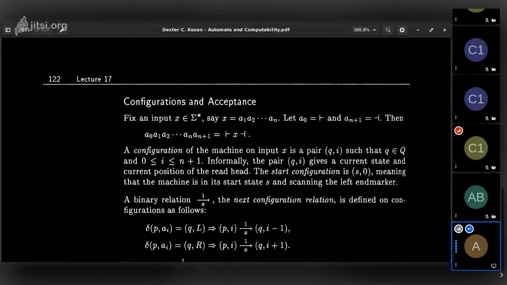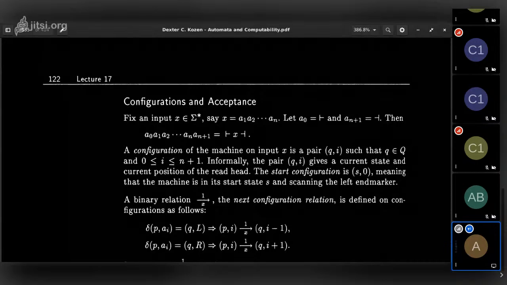Initially you are in configuration p, i. On one move, if the move is leftward from p, you will move to q. So the new configuration is q, i minus 1. You have moved to the new cell.